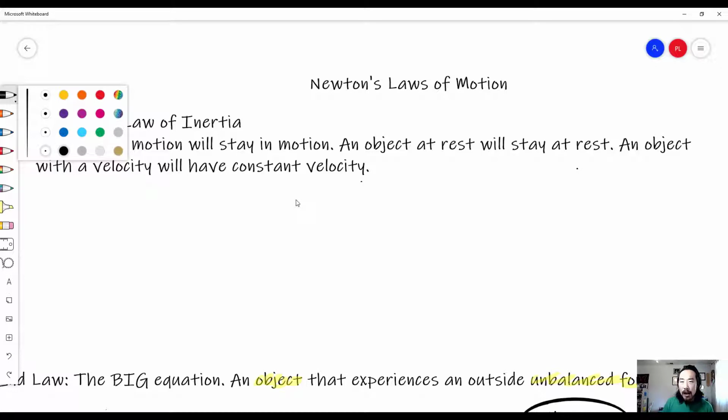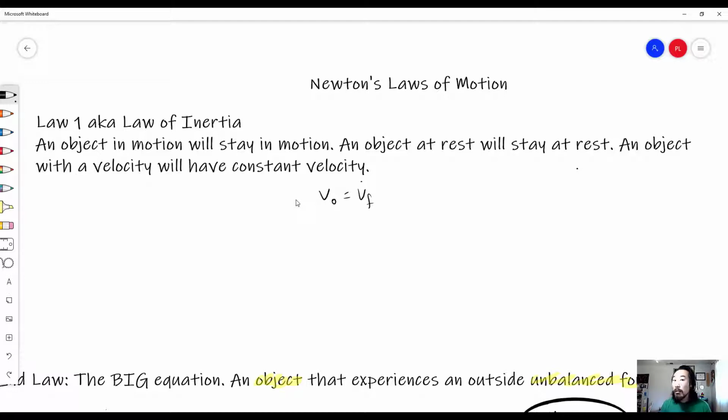So we know that if you have a constant velocity, that must mean that your initial velocity and your final velocity are the same. And if we know that acceleration is a change in velocity over the change in time, and the change in velocity is final velocity minus initial velocity over the change in time, and if these two numbers are the same and we subtract them from each other, we will get 0 over the change in time.